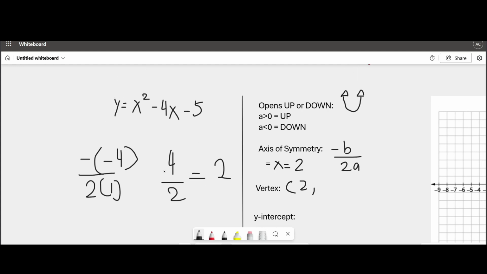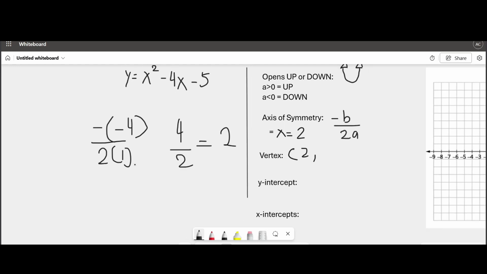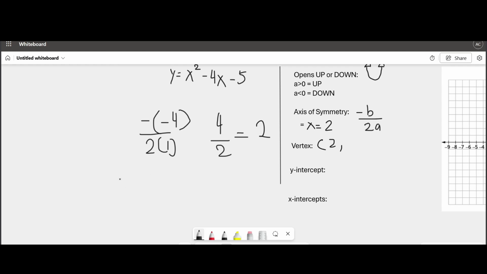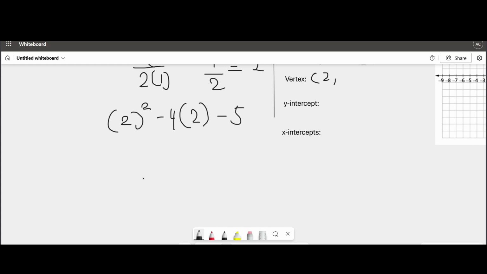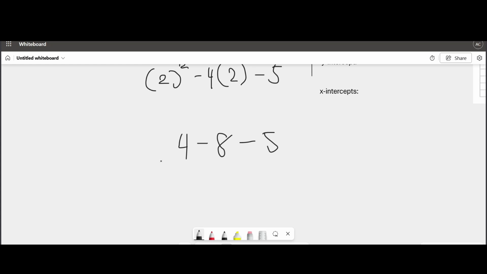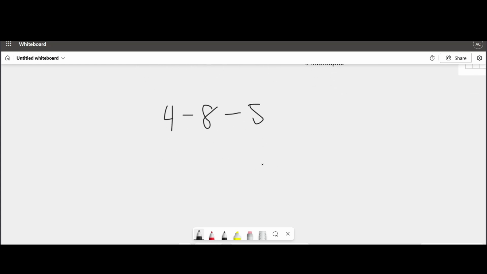So that will happen like this. 2 to the power of 2 minus 4 times 2 minus 5. So 2 squared is obviously going to be 4, and 4 times 2 is 8. 4 minus 8 is, you guessed it, negative 4.